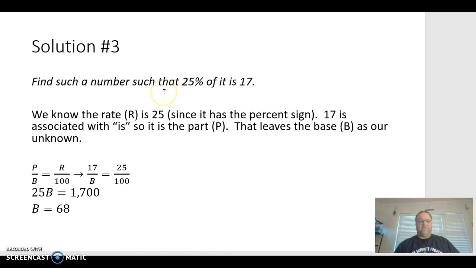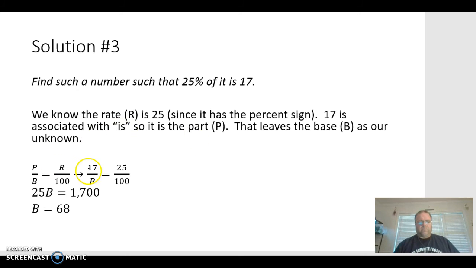So sometimes we have to find our missing quantity by a process of elimination. We find what we know, and when we get down to the last variable, we know that's what we're going to solve for. And sometimes we're going to have to do that. Sometimes it's not even going to have those words that we're looking for, the of and the is. We're just going to have to use that process to get down to what we need to find.